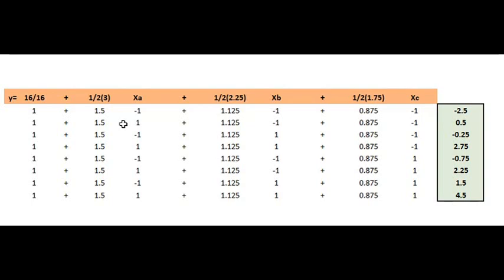With our coded table we can replace these numbers, and by solving this equation we are going to find these answers that are going to help us to construct our contour plot that is going to be shown to you at the end of the video.